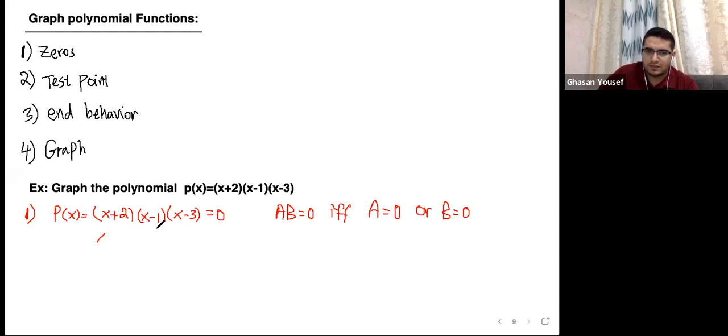Solving the next gives positive 1. And x minus 3 equals 0 means x equals 3. So minus 2, 1, and 3. So the zeros are minus 2 and 1 and 3.